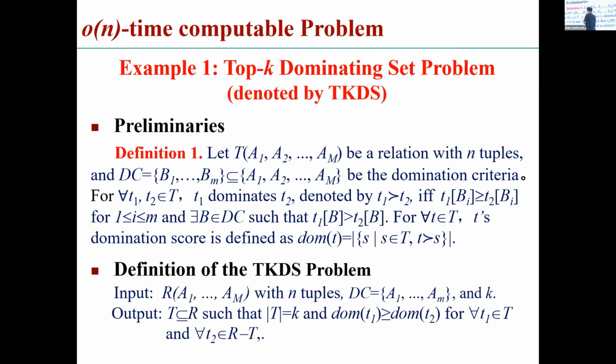Input is R, A1, ..., AM with n tables, DC is A1, ..., AM, and K. The output is T such that the size of T equals K, and DOM(T1) is greater than or equal to DOM(T2) for all T1 belonging to T and all T2 belonging to R minus T. Okay.